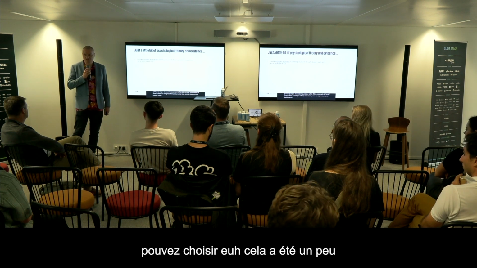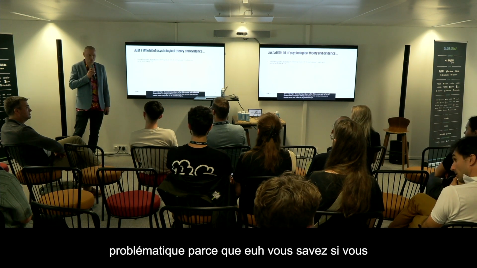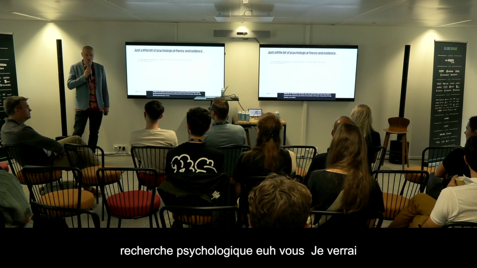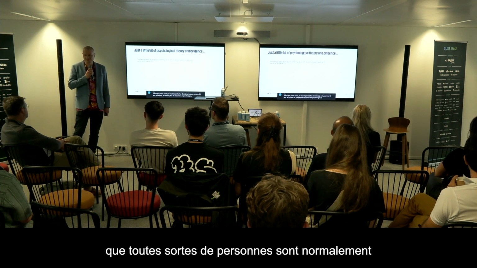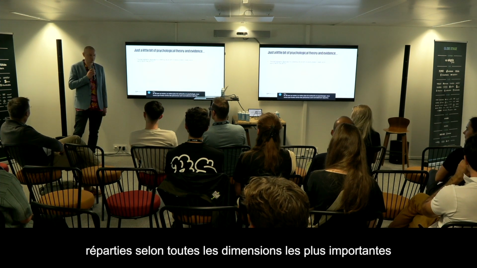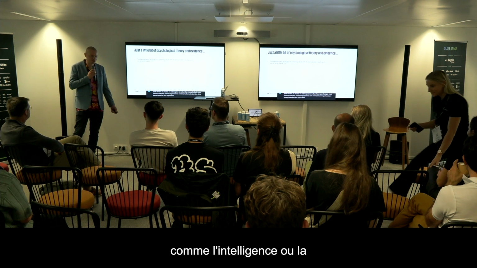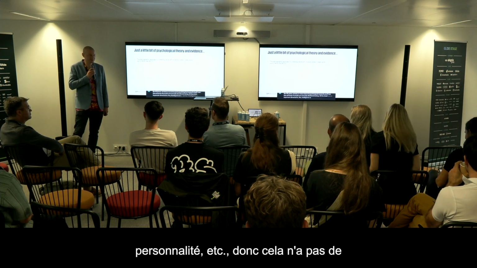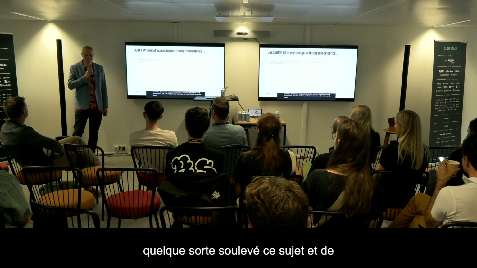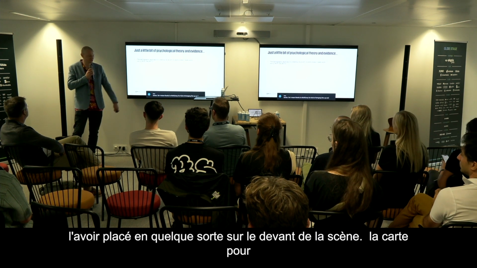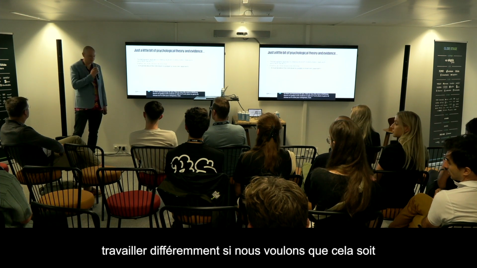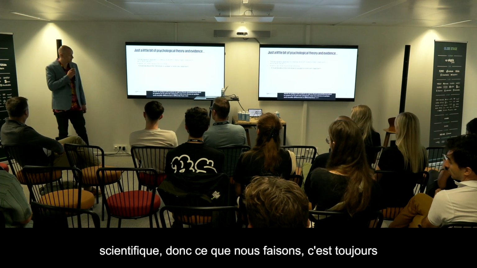This has been kind of problematic because, if you look at the last 50 years at least of psychological research, you'll see that all kinds of people are normally distributed along all the most important dimensions, like intelligence or personality and so on. So it makes little sense. Thanks to McKinsey for bringing this up and placing it on the map for businesses. But we have to work differently if we want this to be scientific.